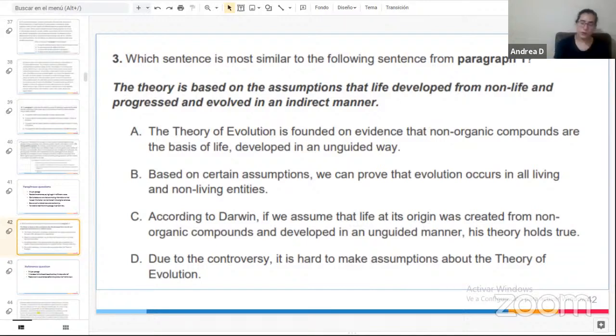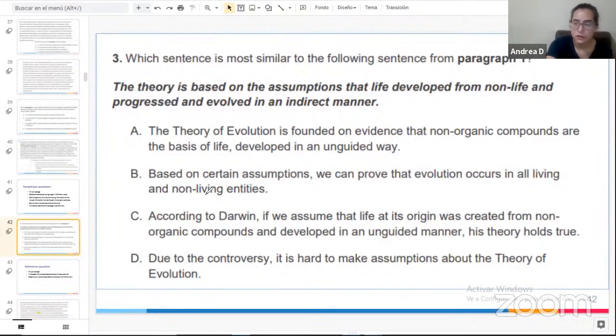Okay, so what do you think? Which one is it? Any thoughts? I think letter C. Okay. Do you all agree?